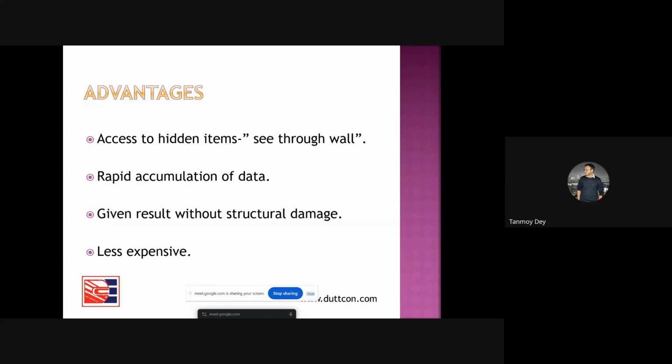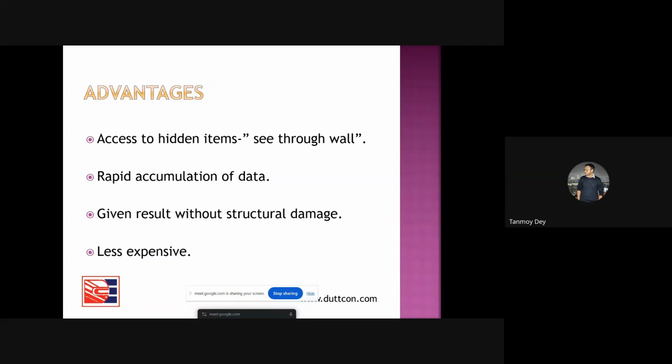After the construction, we don't know whether they have followed the design or not. Through NDT, we can check whether they have followed it, and how much strength is there. When you are going to purchase new flats, you can also check this kind of thing.